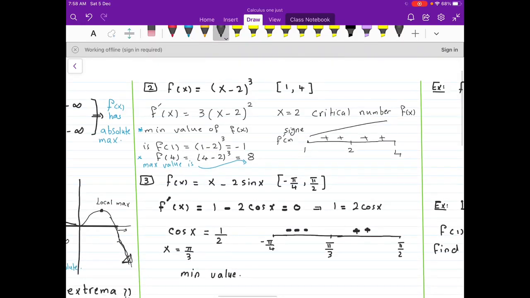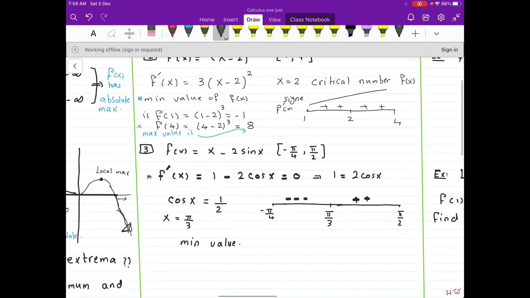If we define f of x equals x minus 2 sin x on the interval [minus pi over 4, pi over 2]. Surely this function is continuous on a closed interval, so f of x has an absolute extremum. That means it has an absolute max and minimum.